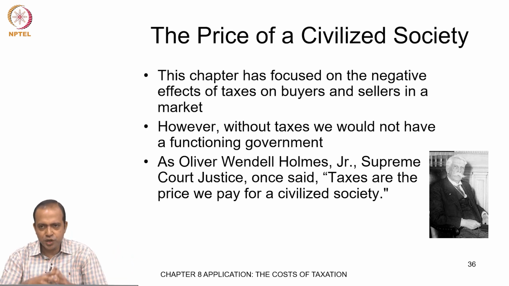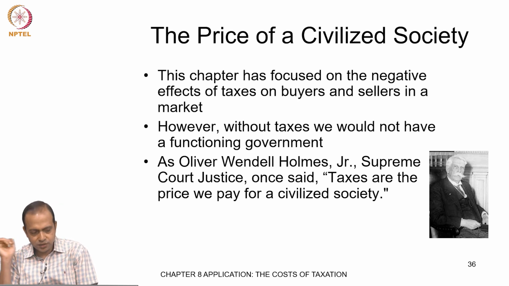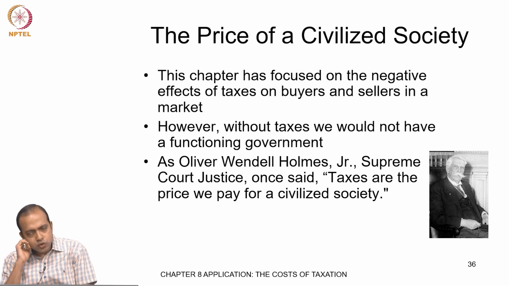However, in this particular session we discussed only a simple model of taxation, which is tax imposed per unit of the output, but the learning from this taxation can be generalized. So, we started with a debate whether tax should be imposed on the buyer or on the seller.